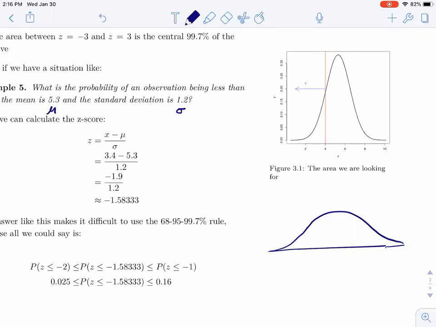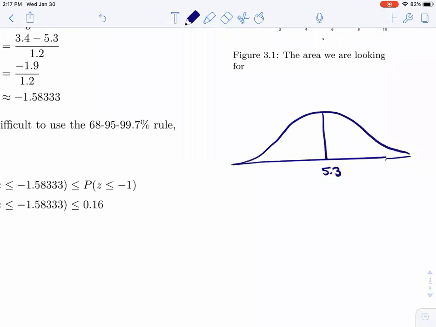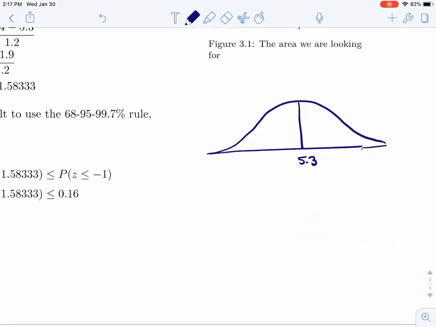So we're going to draw our normal distribution, and down the center you're going to put your mu, which in this case is 5.3. And then somewhere close by, I'm going to put the sigma as 1.2. It doesn't attach anywhere on the graph, but I want to have it close by, so just write it down there.